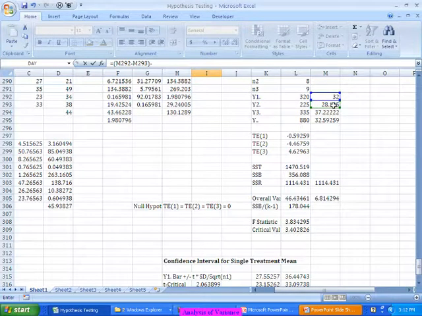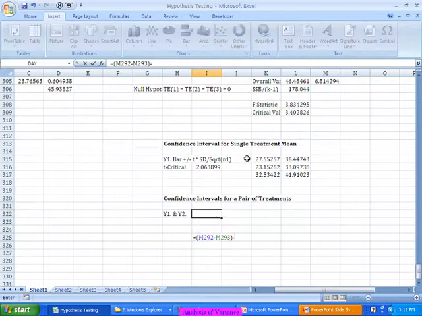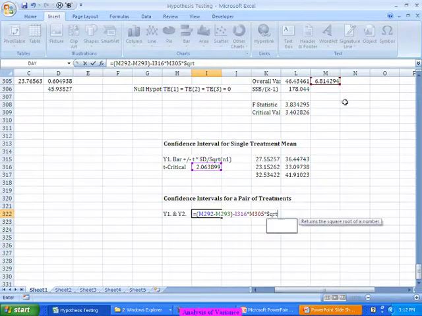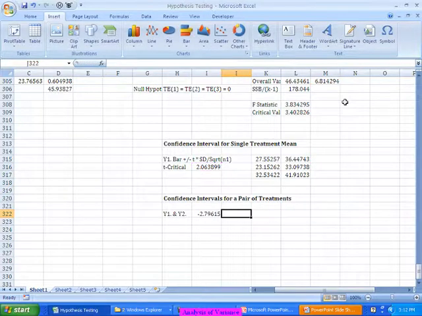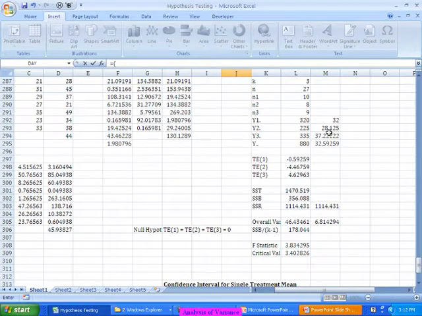So minus, again the t is the same, times sigma is also the same, times the square root of 1 by n1 plus 1 by n2, 1 by 10 plus 1 by 8. If I am doing this exercise, it is coming out to minus 2.79. The lower limit of the differences is minus 2.79.